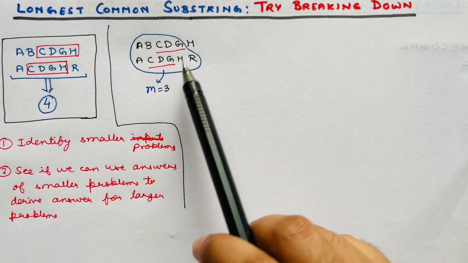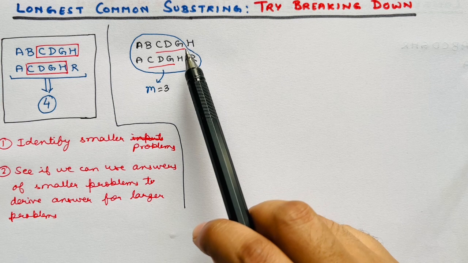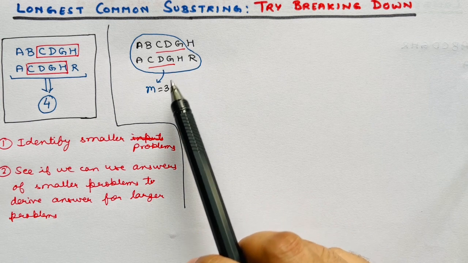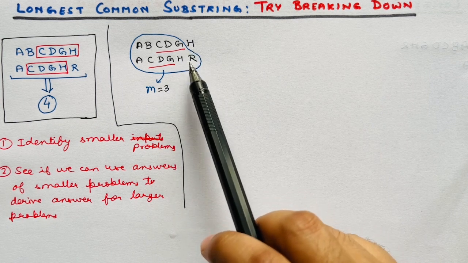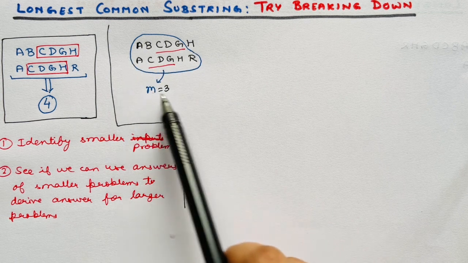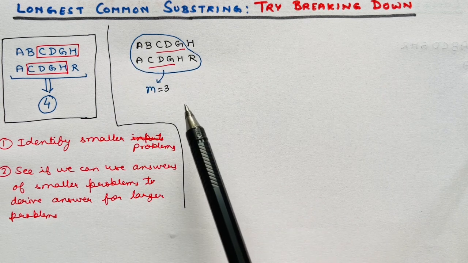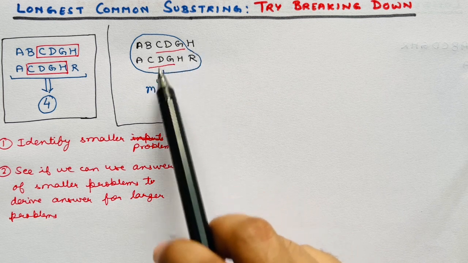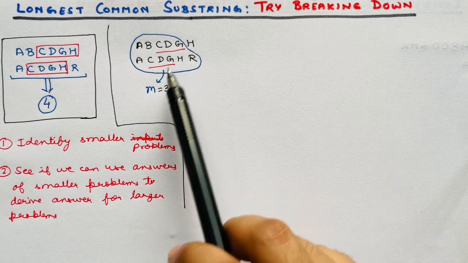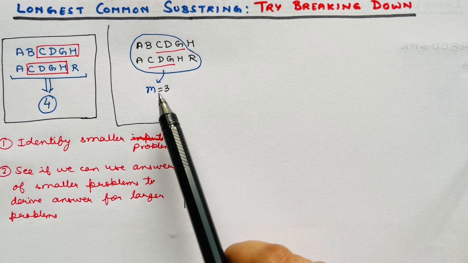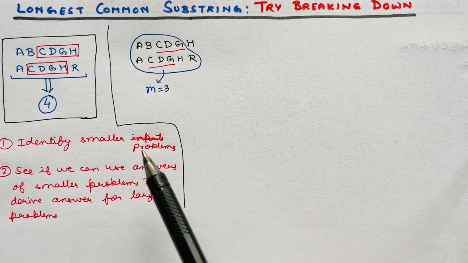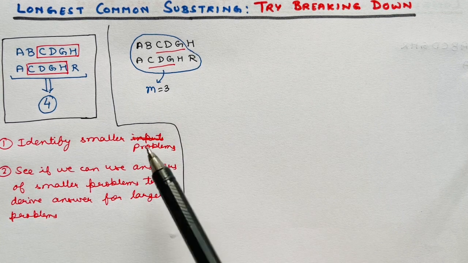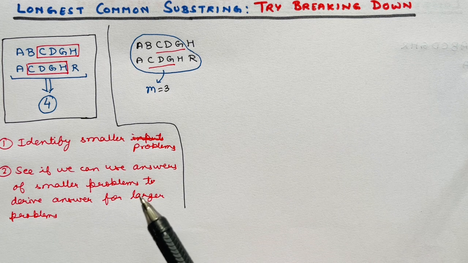Now, when we add H more to the first string, can we use this M and H to figure out what will be the answer for the overall? We can't really say that. With H, ideally the answer should become 4, but only this new character and the value of M is not sufficient to derive that. That means this simple recursion is not very straightforward. Therefore, we will have to think of something else.